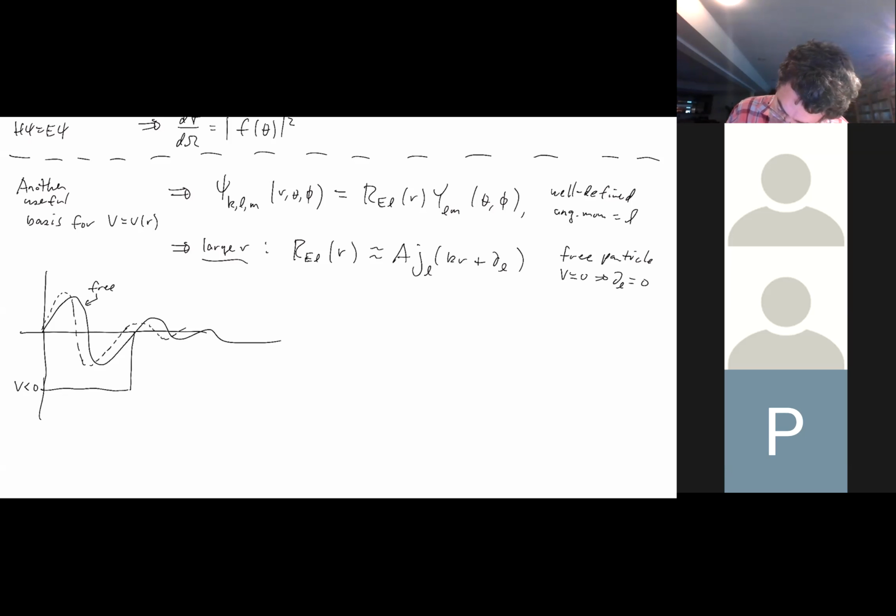And so I get a phase shifted wave function. That's the origin of the phase shift. I want you to understand that.